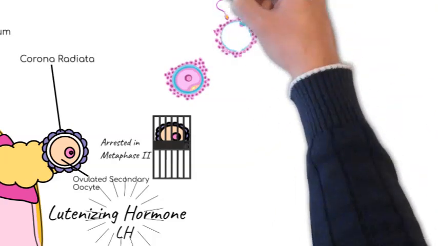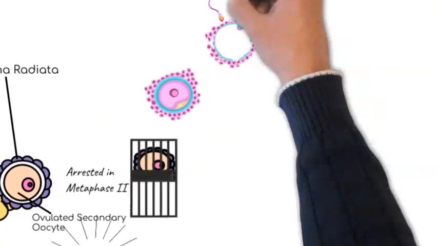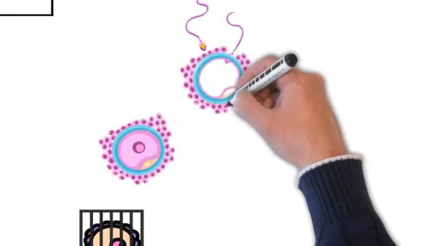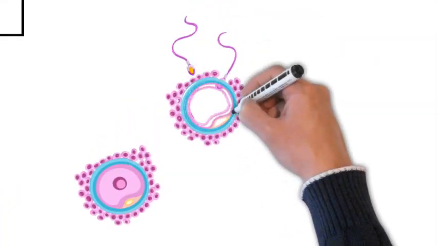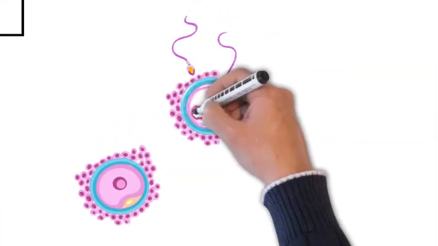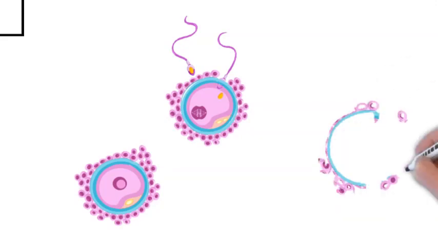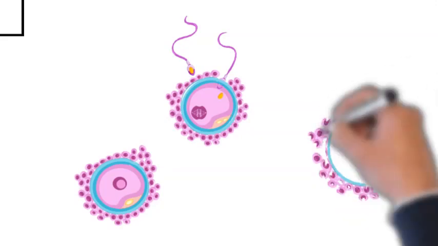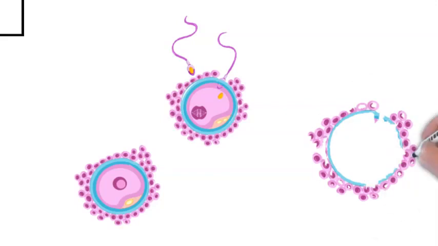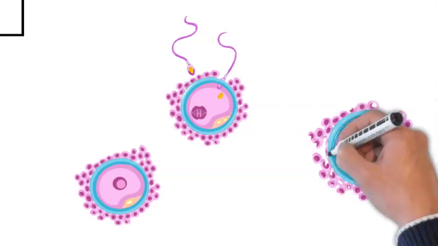If sperm does arrive, as soon as the sperm touches the cell membrane of the secondary ovum, suddenly the secondary ovum is reactivated. It was arrested in metaphase 2. It wasn't going to divide further, second meiotic division, until and if sperm touches the membrane of the ovum.